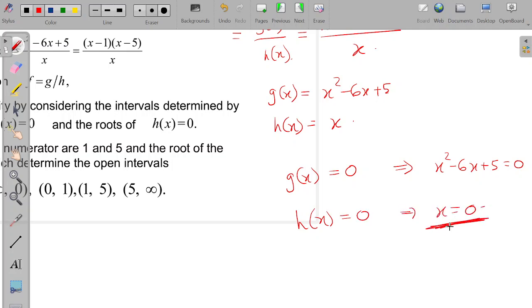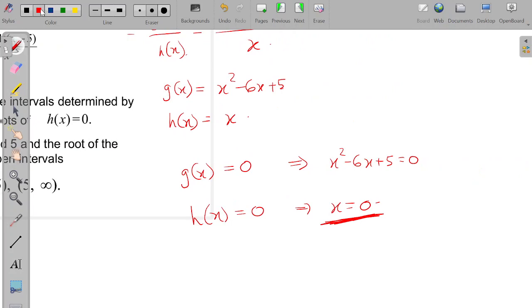So I get the point x equals 0, and if I factorize this, I get x minus 1, x minus 5 equals 0. So that means x equals 1 or x equals 5.